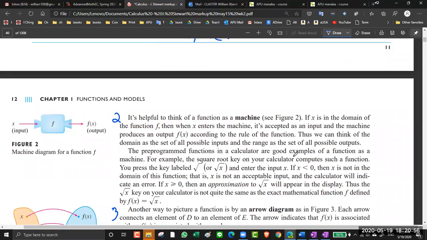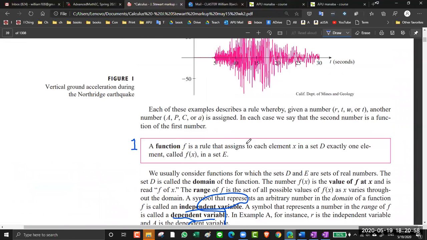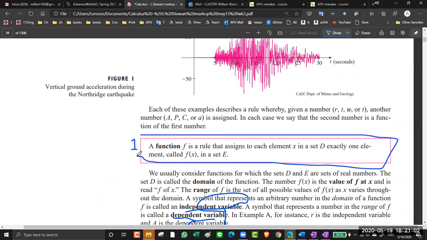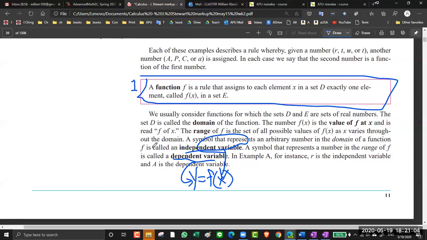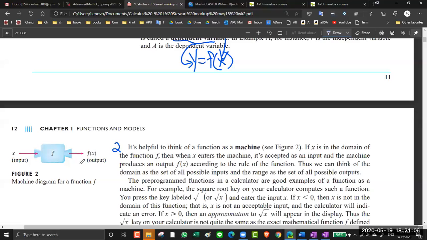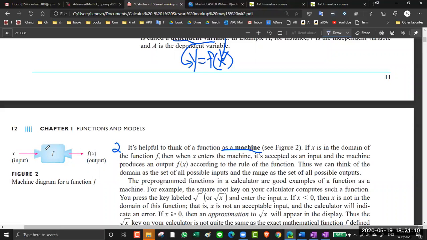Okay, now another way to think of a function besides this definition, which we just talked about, is to think of a function as a machine, like this. We put something into the machine, into the function, and we get something out. So we put an input in, we get an output out.